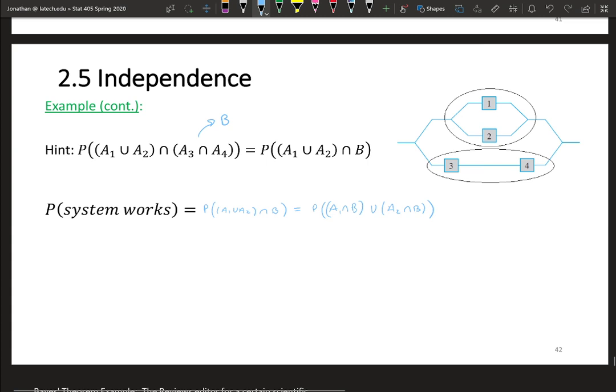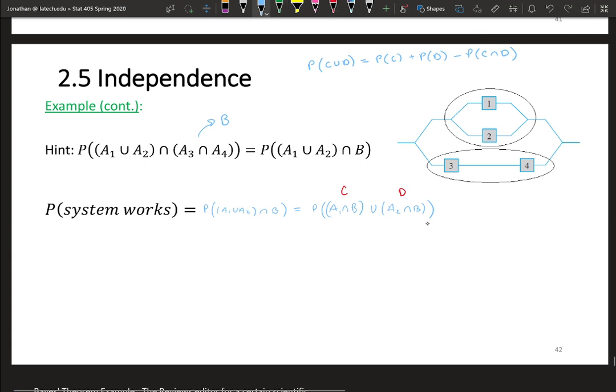So how do we take the probability of a union? Well, we know that the probability of, we'll call it C union D, is probability of C plus probability of D minus probability of C intersect D. So basically, this is going to be our C, and this is going to be our D when we take this probability of this union.